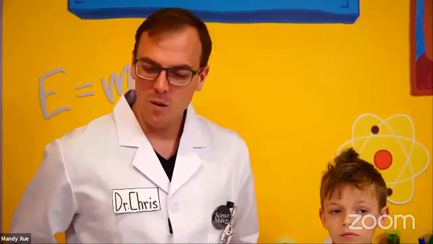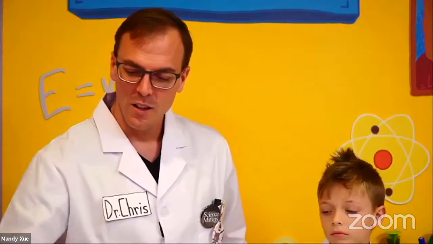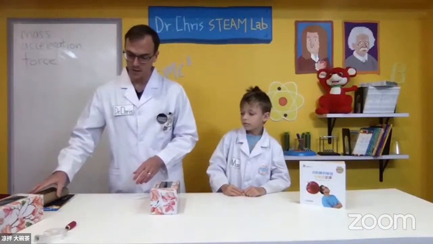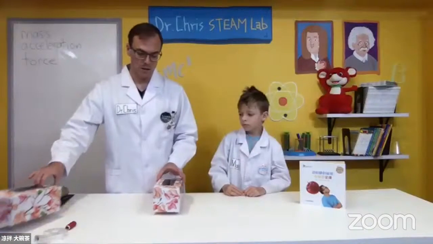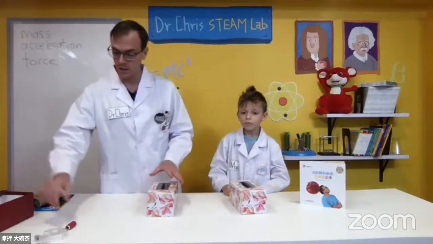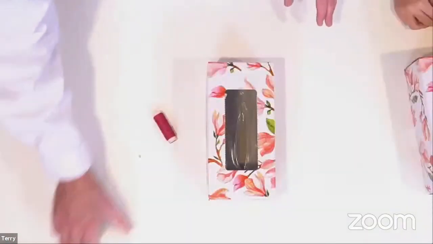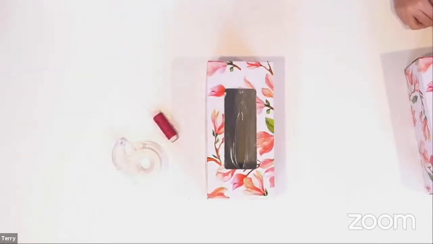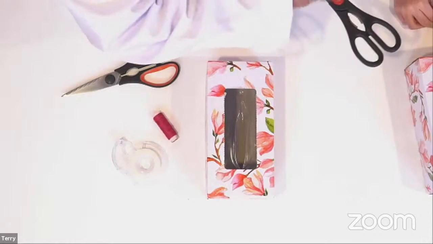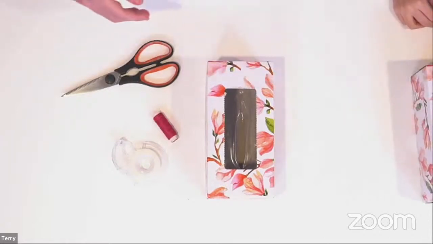So now we're going to do one last experiment. We'll set our cannons aside, and we're going to see Newton's third law in action. For Newton's third law, we need some string and some tape, tissue box, scissors. This one's tricky.